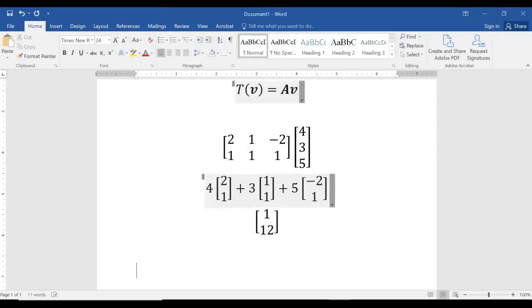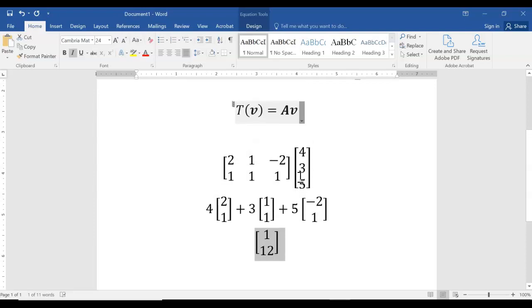And so what we're saying is that this vector 1, 12 is the image of the vector v after it's been put into our transformation.